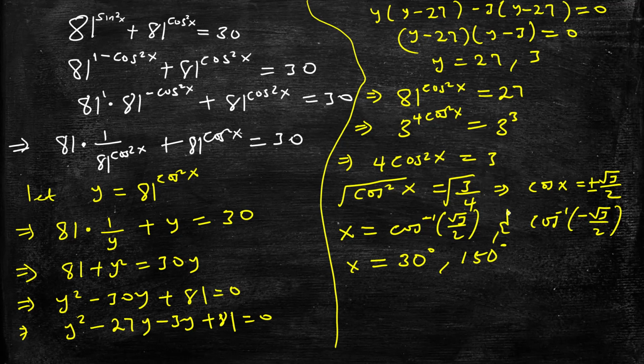Okay, so let's look at the other option. We are done with 27, so let's go to 3. So let's write this as 3 to the power 4 cos squared x, the same as 3 to the power 1. Therefore, 4 cos squared x equals 1.